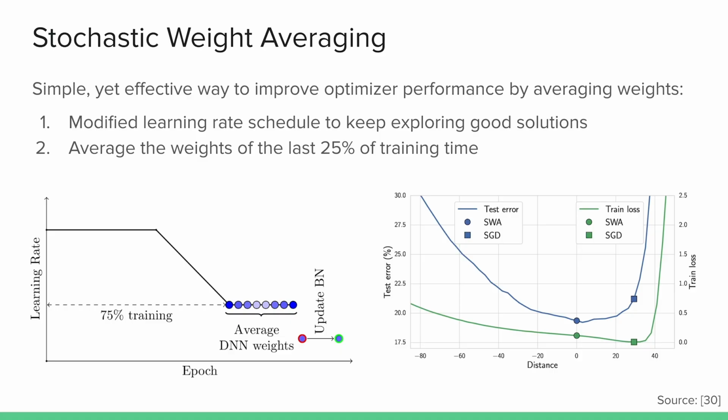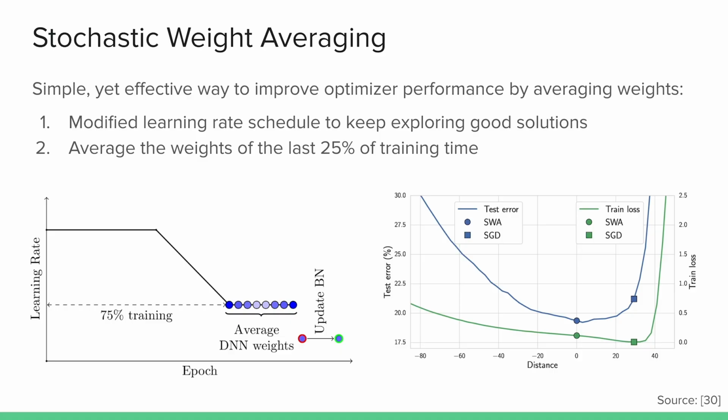This allows the network to keep exploring good solutions. And once we're done with the last 25% of our training, we take those snapshots of the weights and we average them and compute the average values. And as you can see here, also for batch normalization, this would require some special handling, but I'm not gonna get into those details.